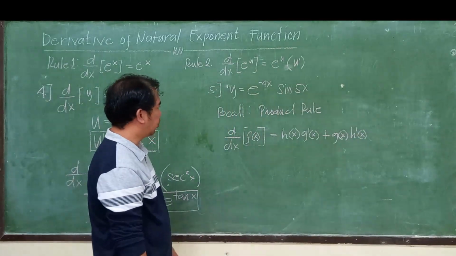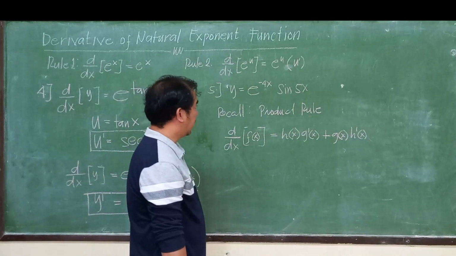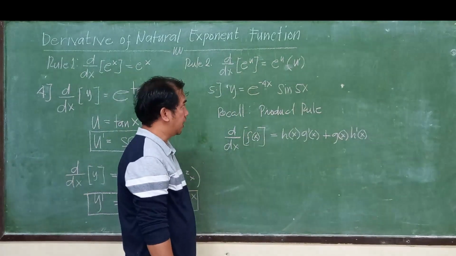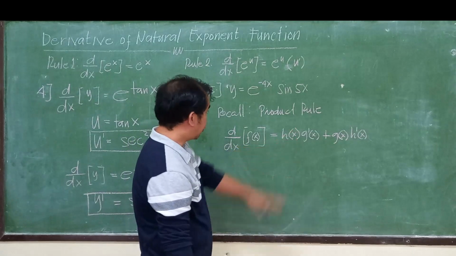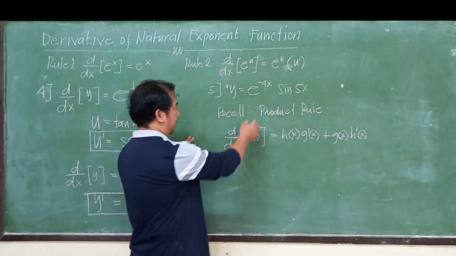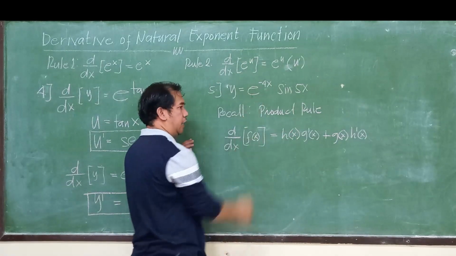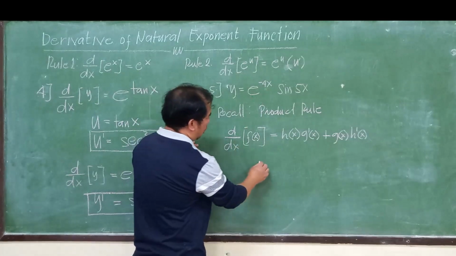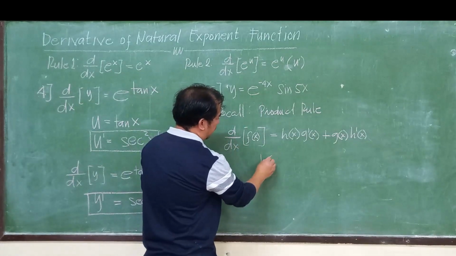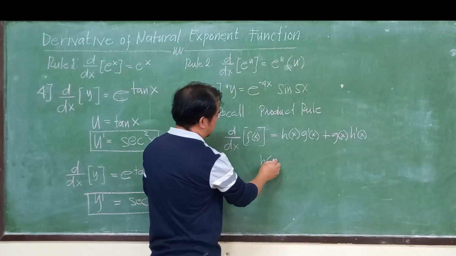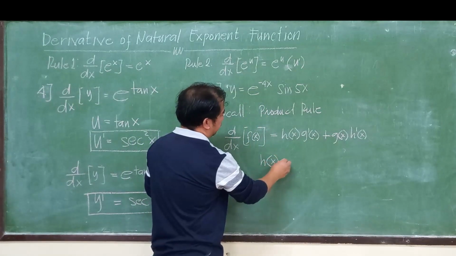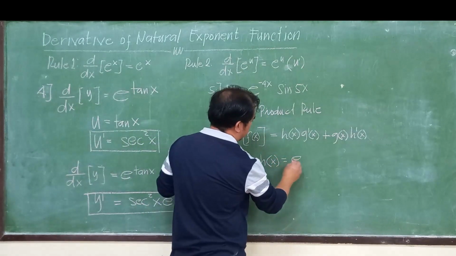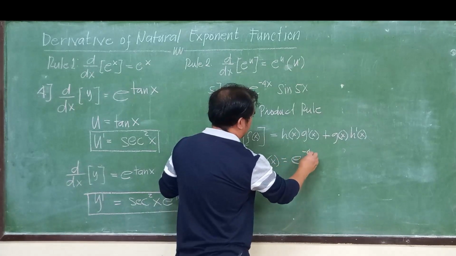When we apply that one, let's try to identify where is h and where is g function. What if I identify this one to be my h? So h of x is equal to e raised to negative 4x.